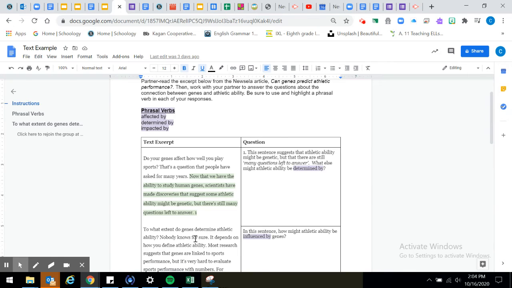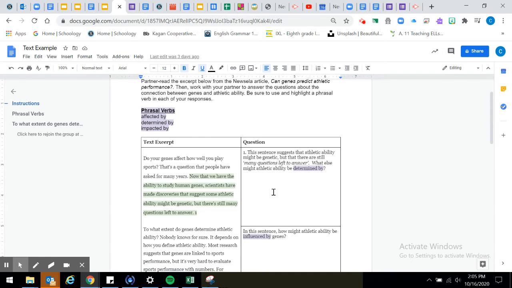For this first paragraph, it says, "Do your genes affect how well you play sports? That is a question that people have asked for many years. Now that we have the ability to study human genes, scientists have made discoveries that suggest some athletic ability might be genetic, but there are still many questions left to answer."